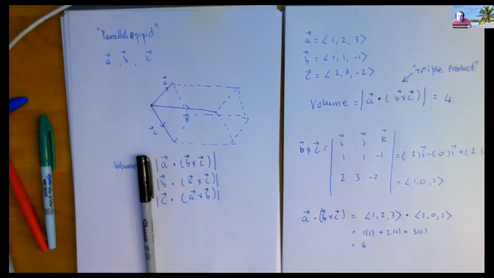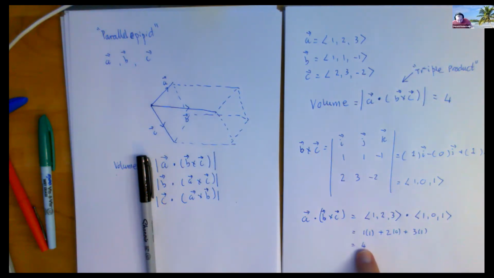So I think triple product's probably quite a good name for that particular calculation. Any questions about that? And it's very mechanical. To me, mechanical just means, you know, you put numbers in and you do whatever the process is, and out pops the answer, and that's the guy you're looking for.